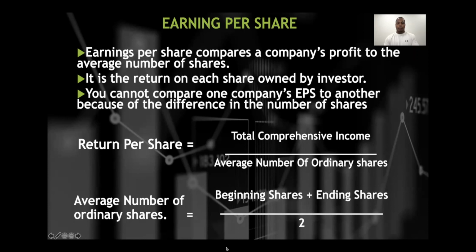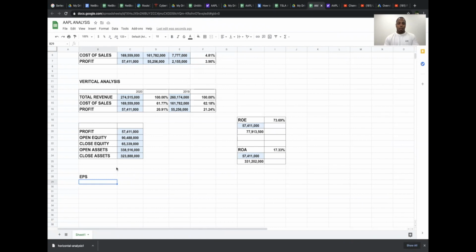So let's go back to it. We need to know the income, the profit, and the number of shares opened, and the number of shares closed.